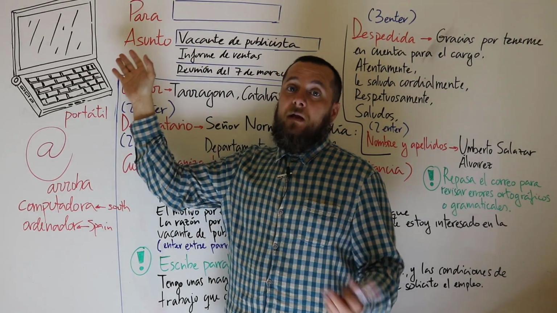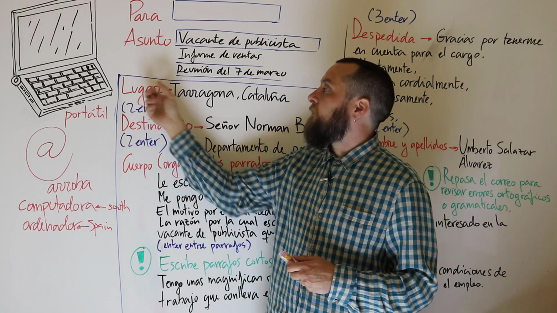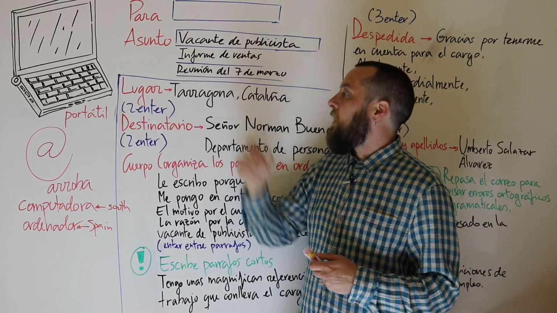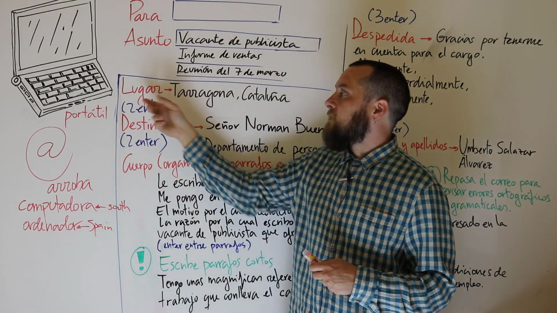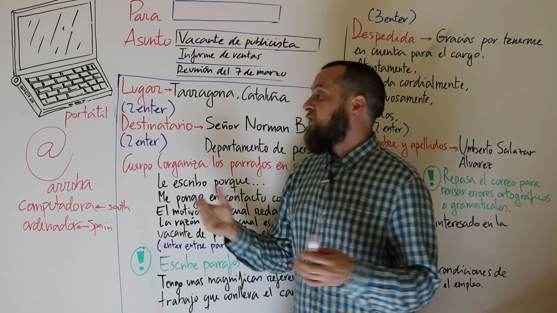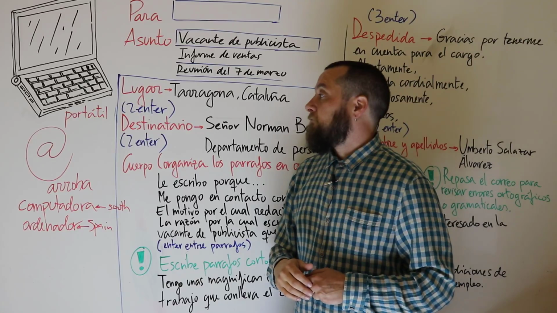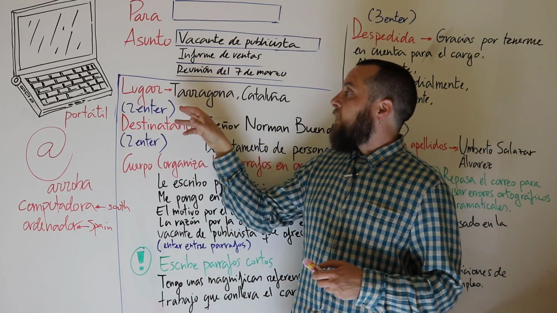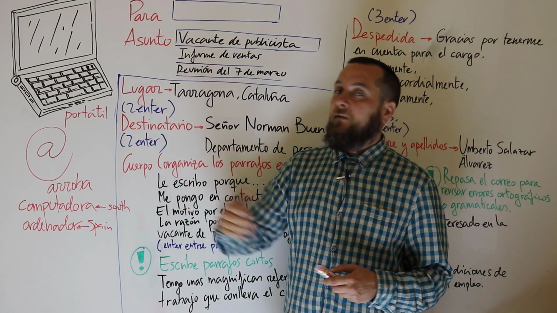Well, this is a formal email, so as a formal email we have to write first the place. In this case, Tarragona, Catalunya, or Tarragona, España. Then we click 2 times in enter, in the enter button. In Spanish we also say enter because we don't have another word, so enter. Once you have the place, the people who is going to read this email.